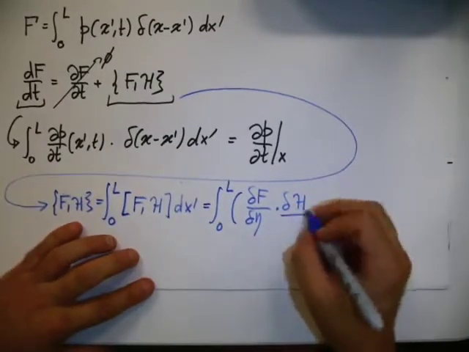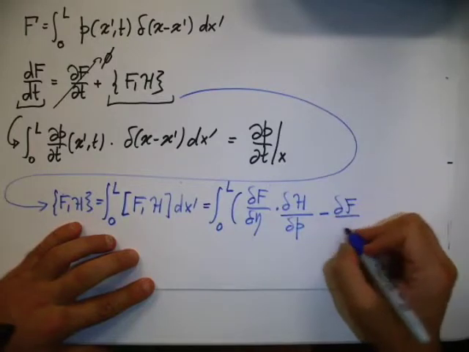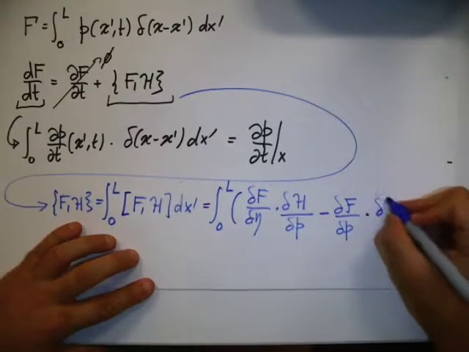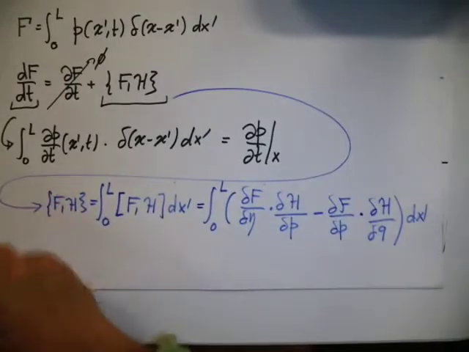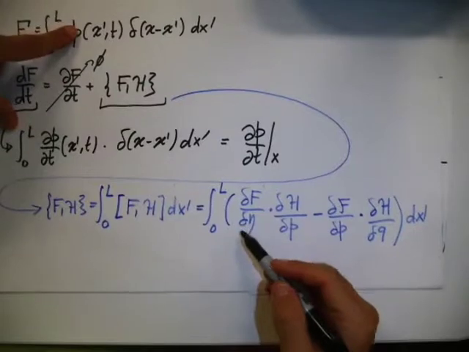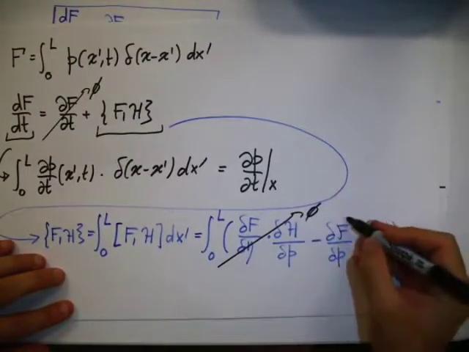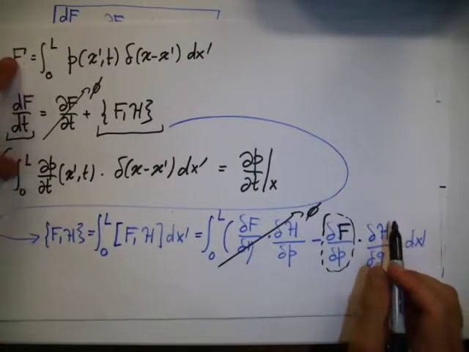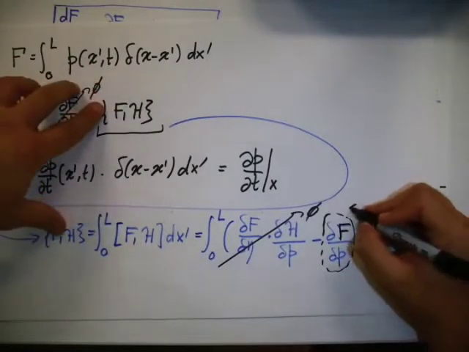I always get confused. Minus the variational derivative of f with respect to p times the variational derivative of h with respect to eta, in dx prime. But now f doesn't depend upon eta, so the first term is 0. I end up with this: the variational derivative of f with respect to p is simply delta of x minus x prime.